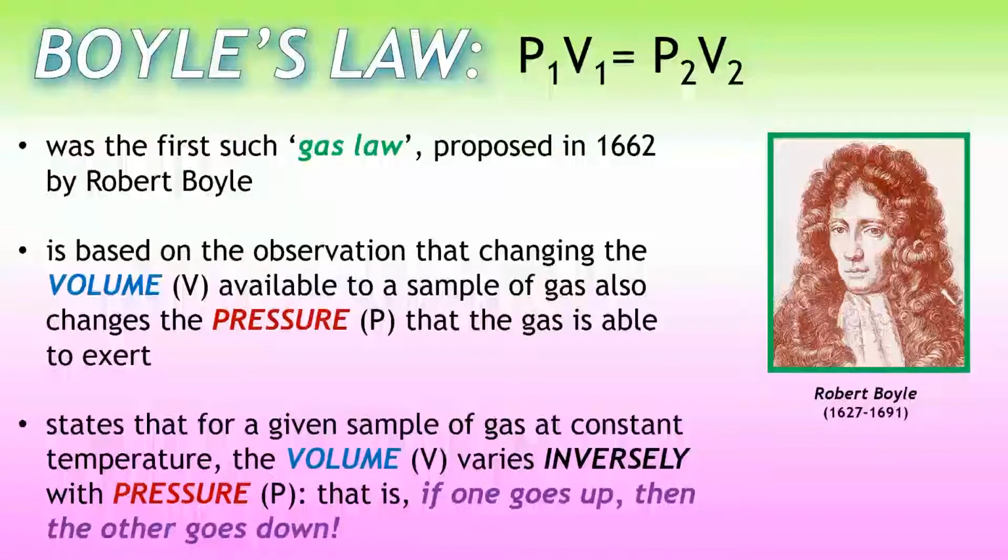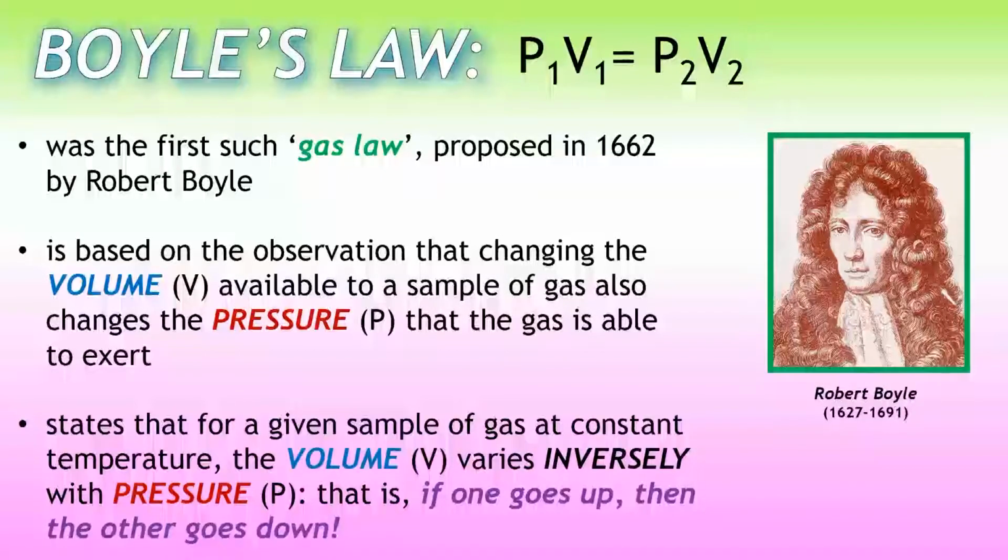And so this law is based upon his observations using those gadgets. He observed that if you change the volume available to a sample of gas inside one of his leather shoe boxes, it also changes the pressure that gas is able to exert on the inside.